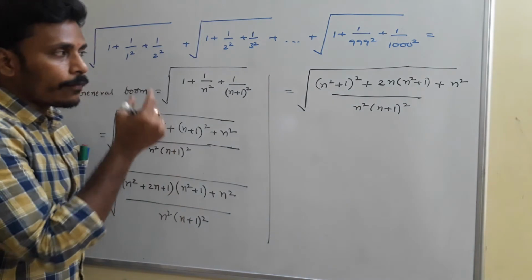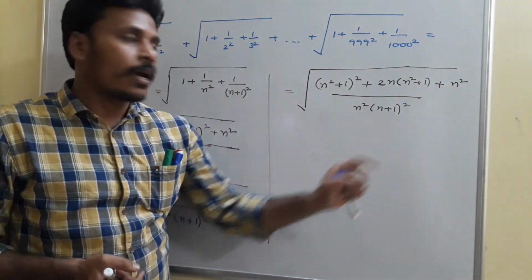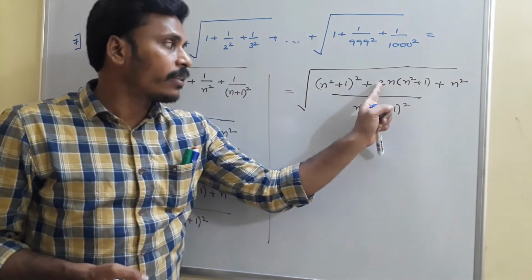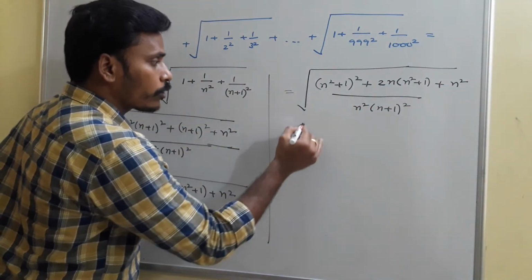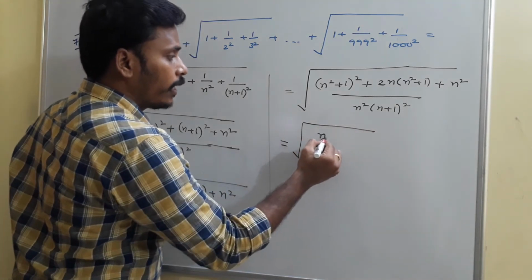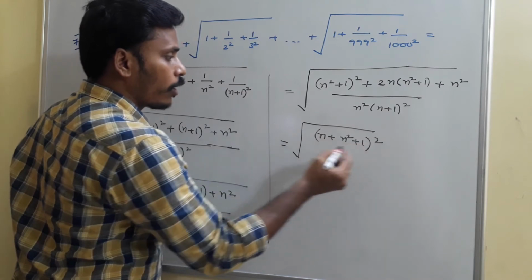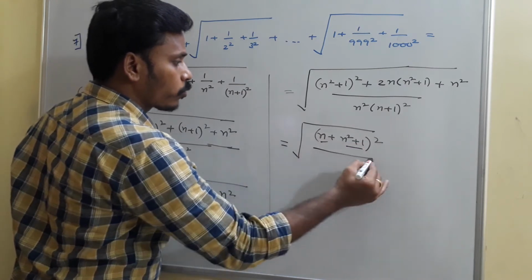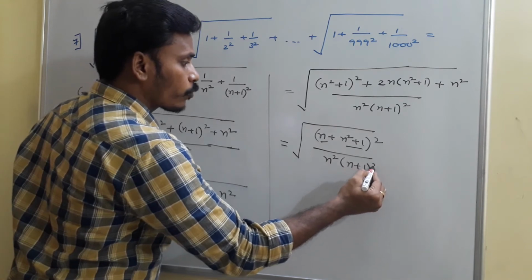Now you just look at the numerator. It is something like x square, and here some y square, and they are like 2xy. So the numerator is equal to square root of n plus n square plus 1 whole square, divided by n square of n plus 1 square.